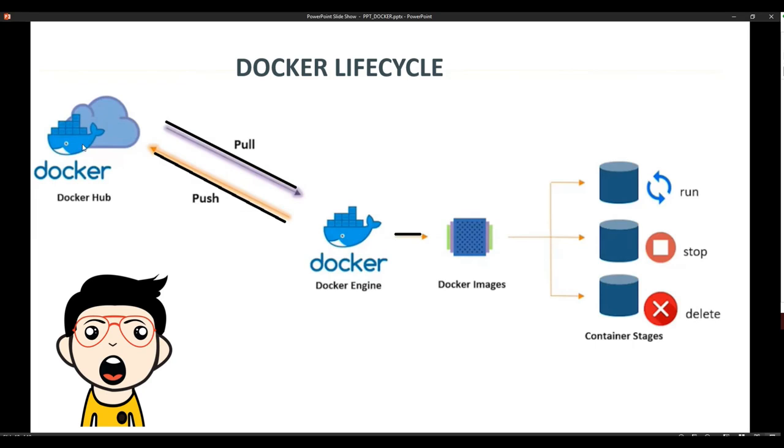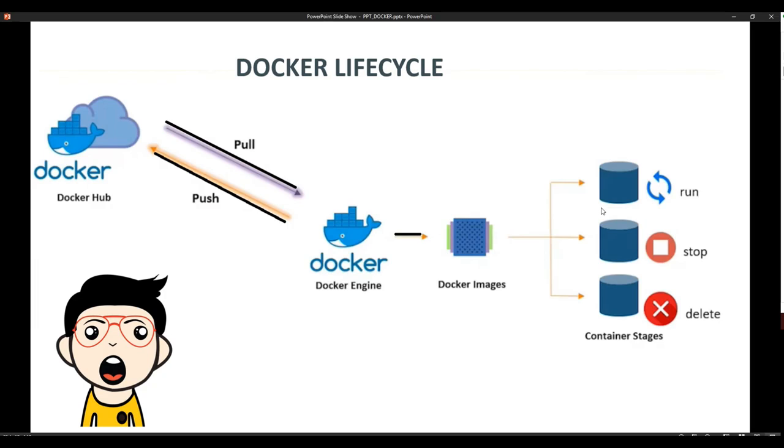When you try to pull an image from this repository, it comes to your Docker local server. When you pull this, you are actually pulling an image. Those are all Docker images that you pull from Docker Hub, and when you run that image, it becomes a container.